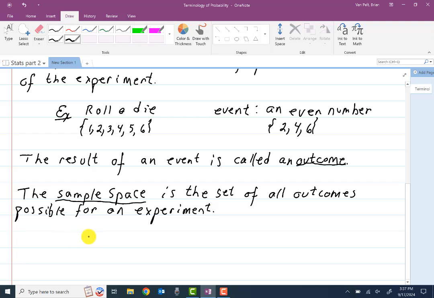So as an example, once again, if I roll a die, we'll use the letter S for sample space always.